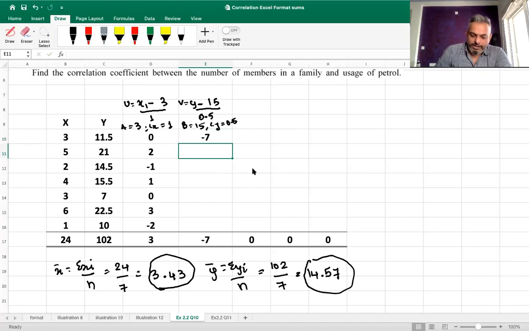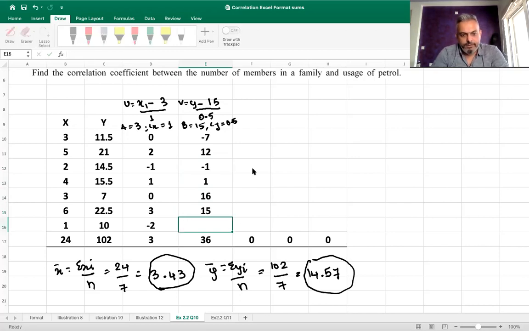Then 21 minus 15 is 6, divided by 0.5, so it becomes 12. 14.5 minus 15 is minus 0.5, upon 0.5, so minus 1. 15.5 gives plus 1. 7 minus 15 is minus 8, divided by 0.5 is minus 16. 22.5 minus 15 is 7.5, divided by 0.5, it comes to 15.